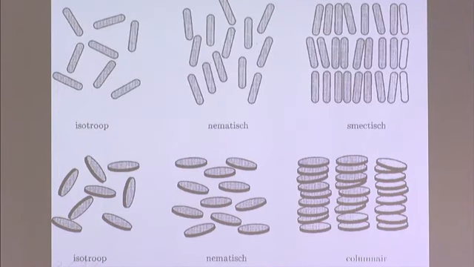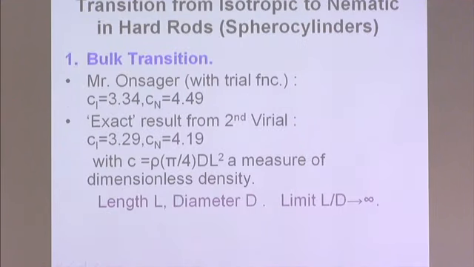So a theory would obviously like to give you the various phases. These are cartoons of the ones we've already seen from Don. So, a reminder of what Onsager found, and again I think Don hinted at this, for the bulk transition, this dimensionless density c, which is defined like this, where rho is the number density.